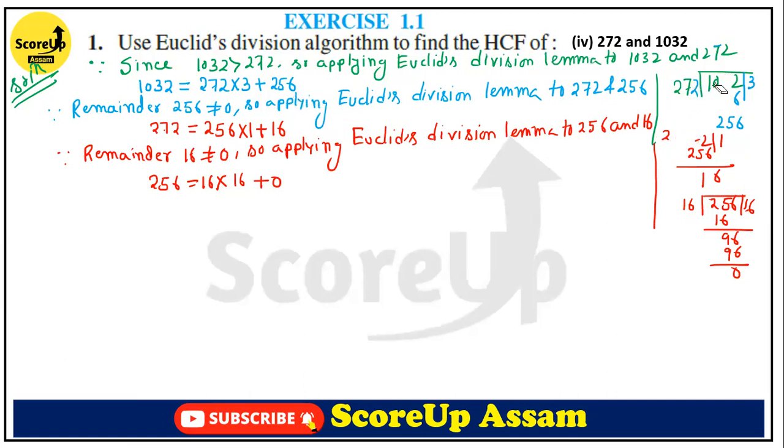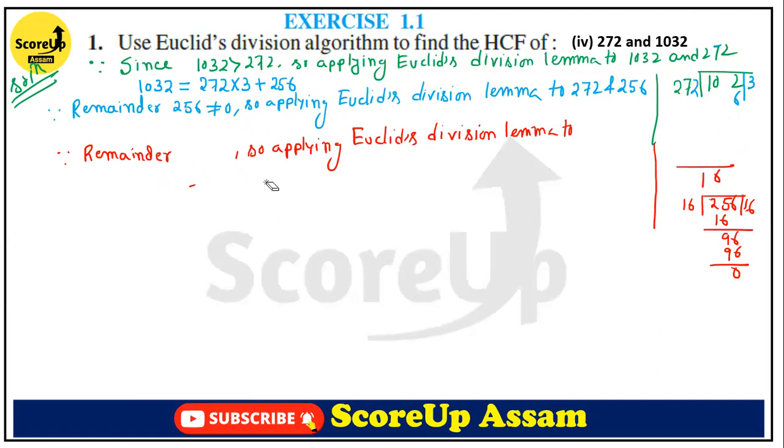Let's erase this, and this one also. Actually, it is 1032, right? And I have written 1072. So the remainder will change. The remainder will be different.